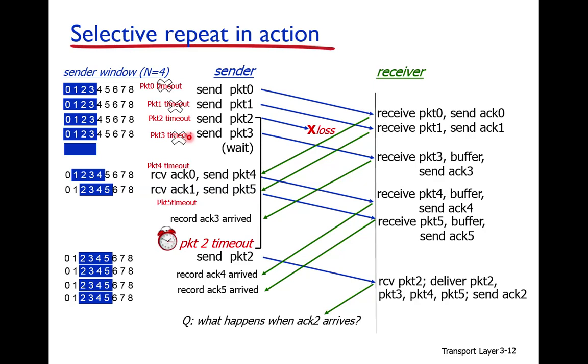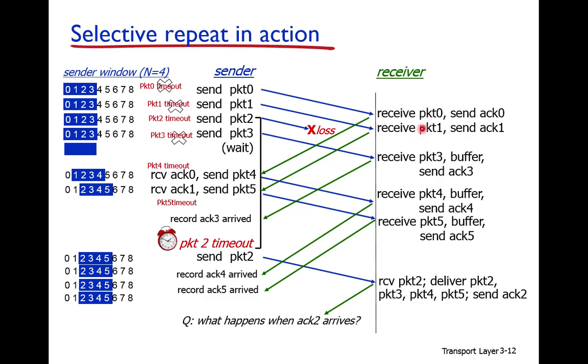Okay. So the send base is not advanced. Why? The send base is pointing to packet number 2. Now suppose that packet number 4 is also received, and it is received out of order. Why? Because the receiver is expecting packet number 2.